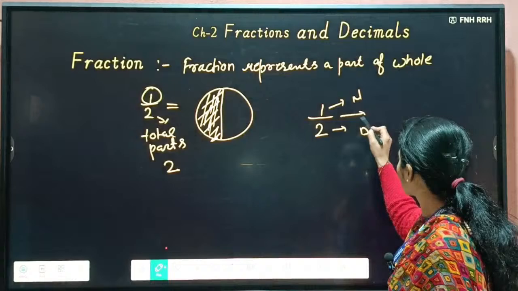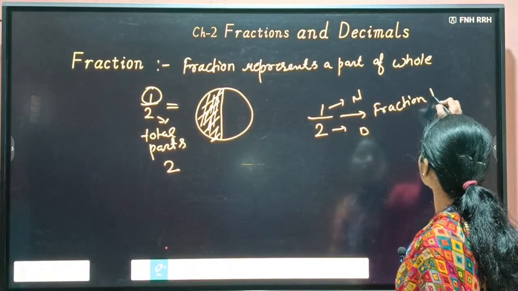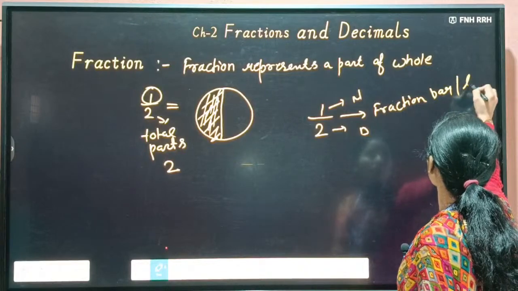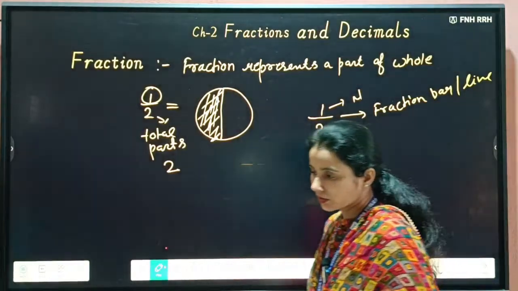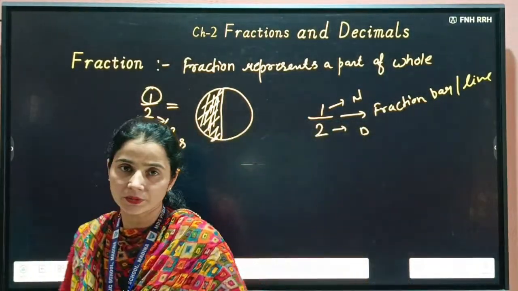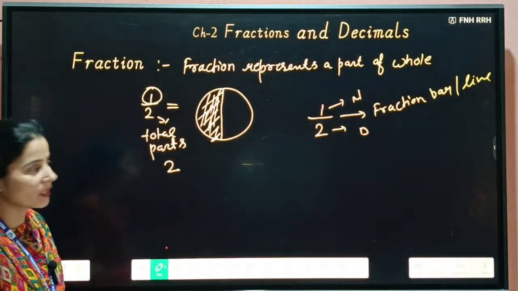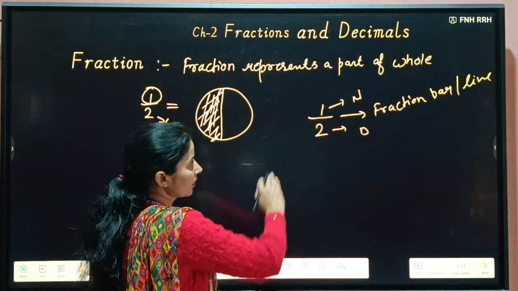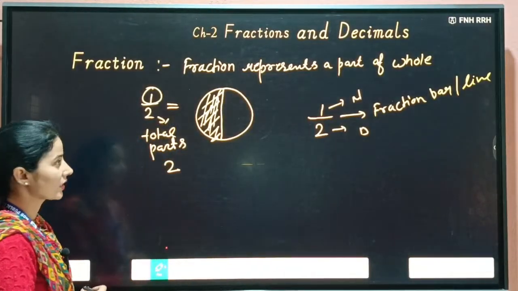This line is called the fraction bar or fraction line. Now see types of fractions. Based upon which of the numerator and denominator is smaller or greater, we can classify fractions.